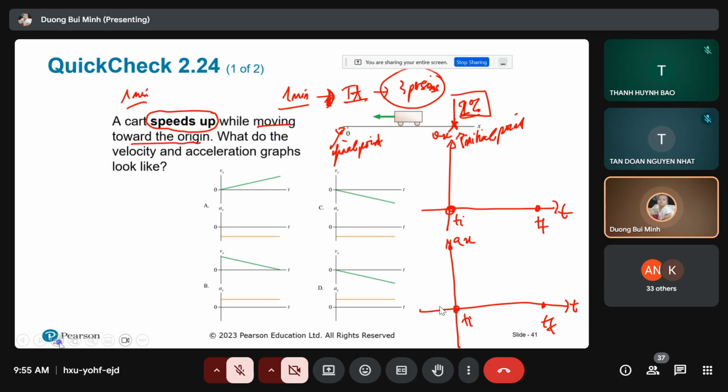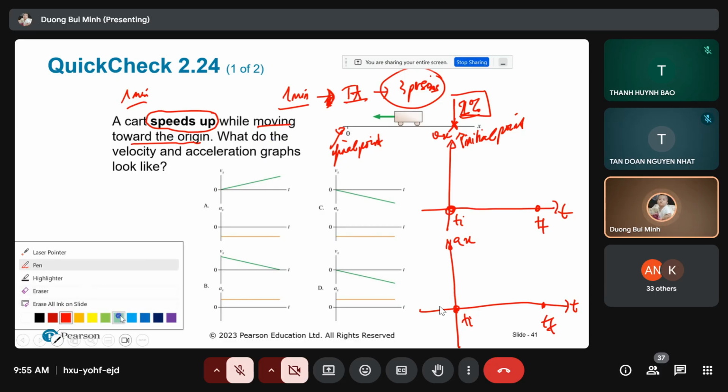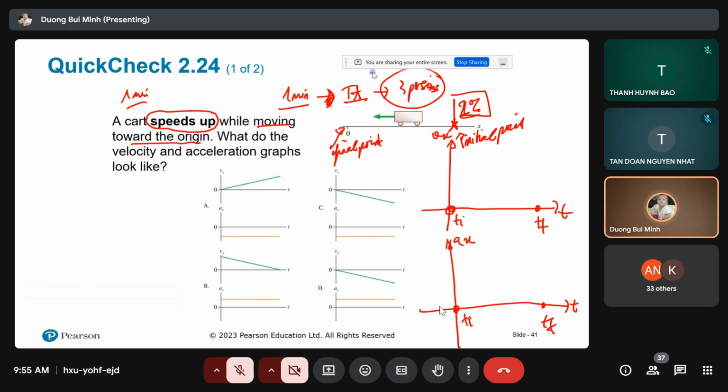I also explained to you that we should determine the positive and negative direction. This is your origin. If you come this way, you get the positive direction. If you come this way, you get negative.